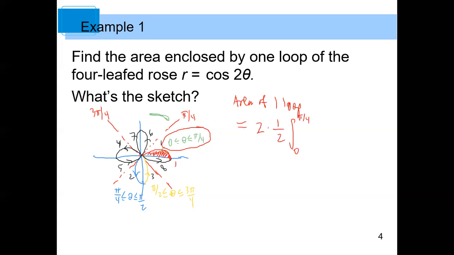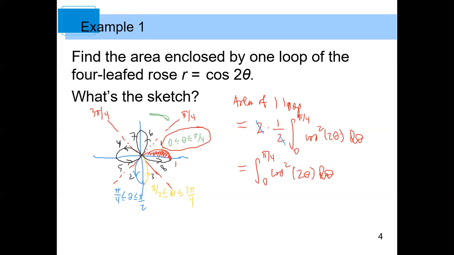And then you do r squared, correct? It was f of theta squared. So it's going to be cosine squared of 2 theta d theta. Okay? So of course, this 2 and this 1/2 just cancel. And we end up with the integral from 0 to pi over 4 of cosine squared of 2 theta d theta.